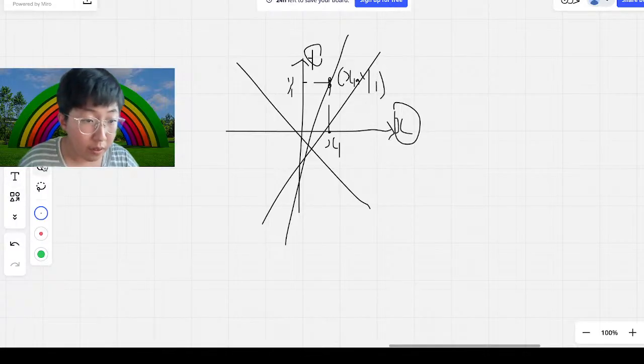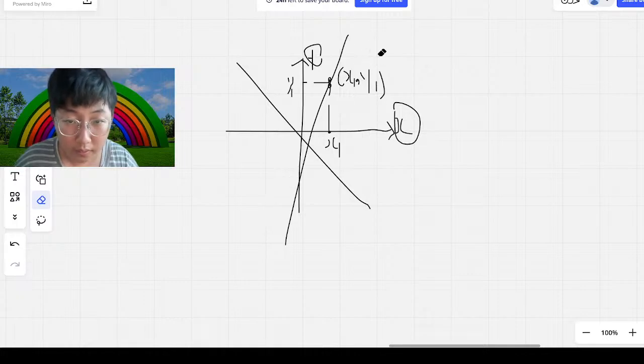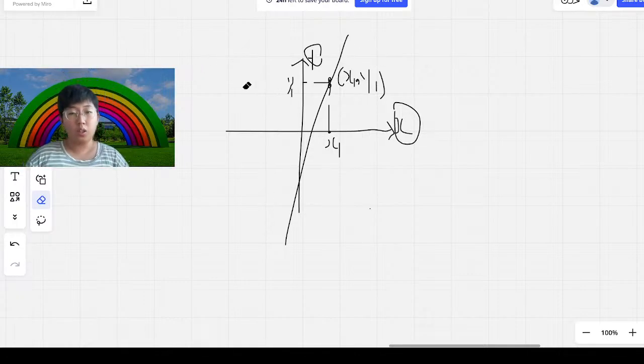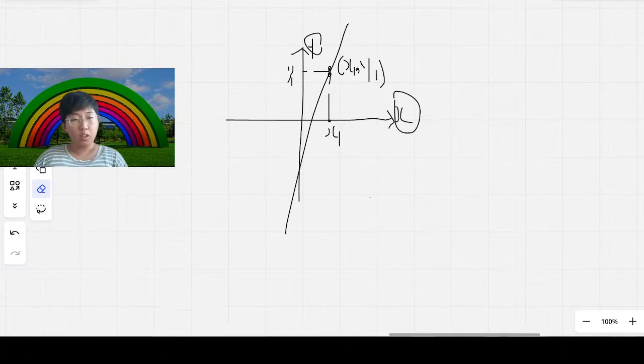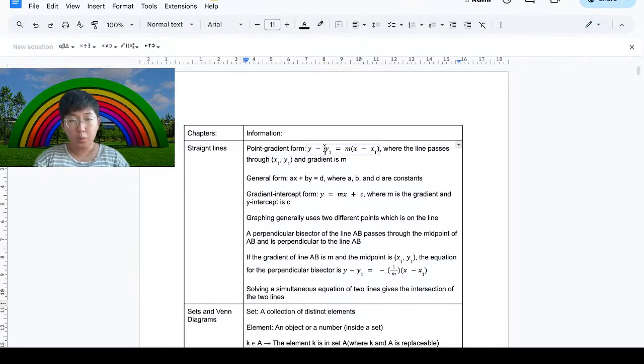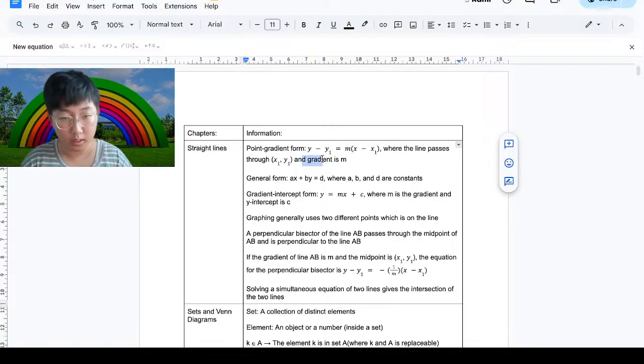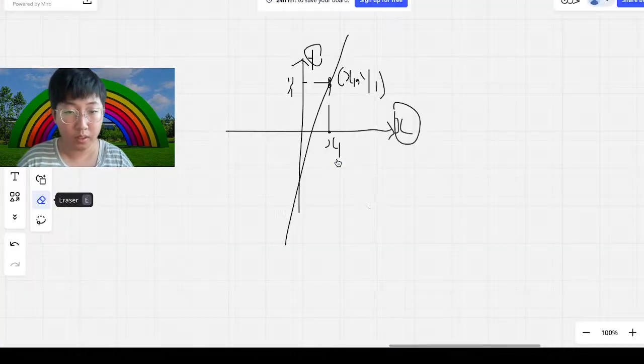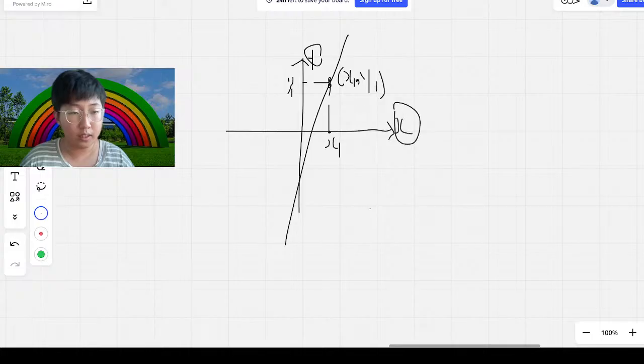All right, let me erase some of these graphs here. So we have this. All right, cool. So we know what y1 and x1 is. What is m? m is the gradient. All right, what exactly is the gradient?